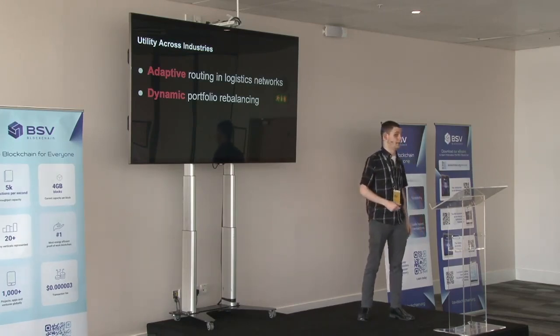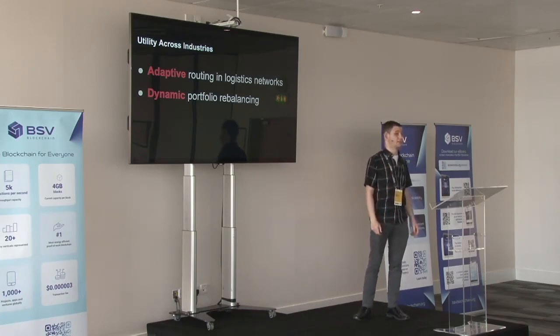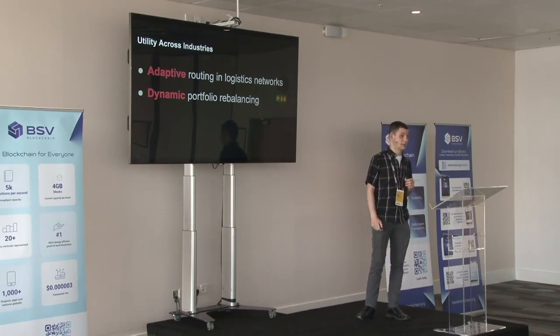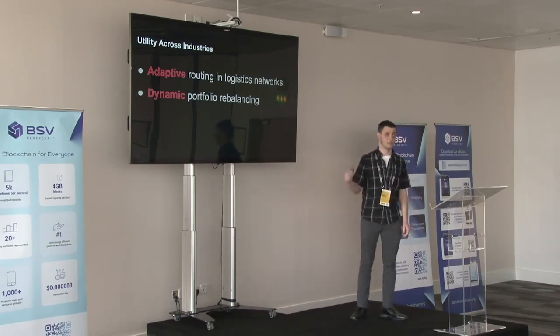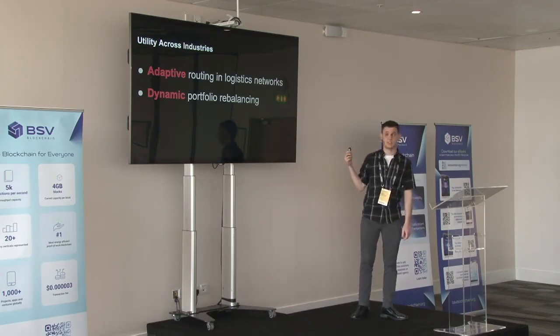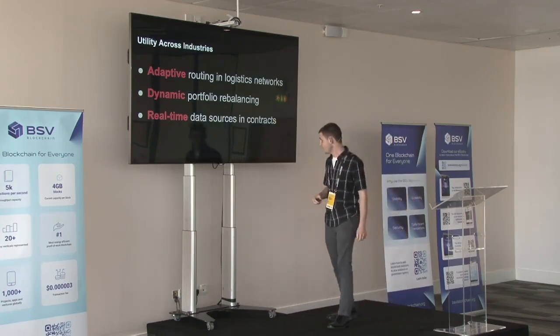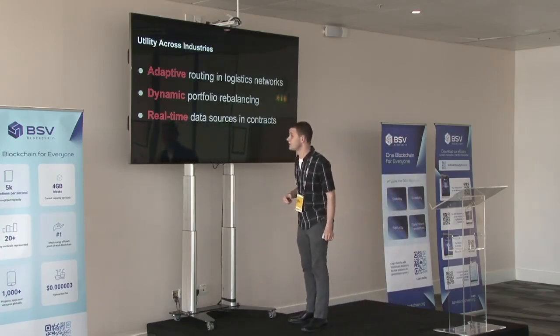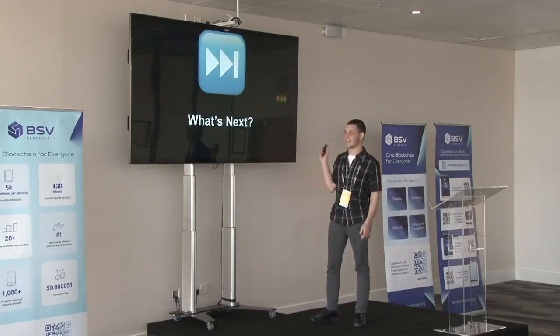Combining with our Babbage identity solution, you can do a lot with certificates and linked identity, type 42 stuff. Recommend checking that out. But in a general purpose way, you can be dynamic about what you want to do. And yeah, real-time data sources, I mentioned that.